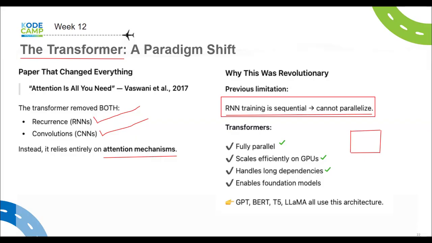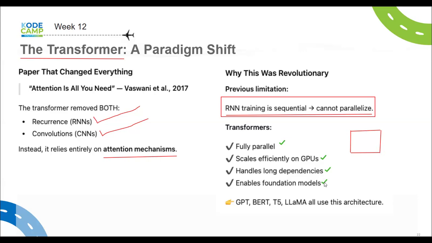Even when it is solved with the LSTM and the GRU, you still have a little bit of it, even though LSTM did very well to solve that. But transformers turned out to be really good with long dependencies. With transformers, you could have entire long pages where the relationship between a word at the beginning of a page and another word at the end of the page is still fresh and strong, right?